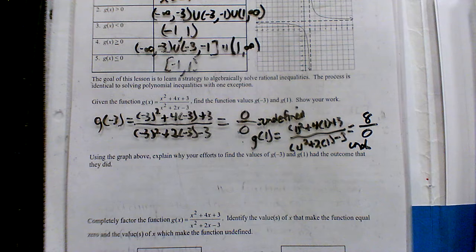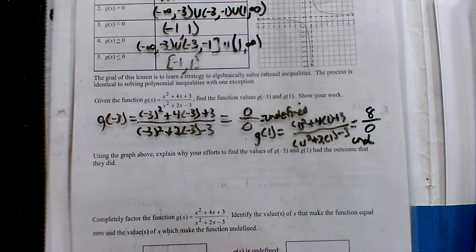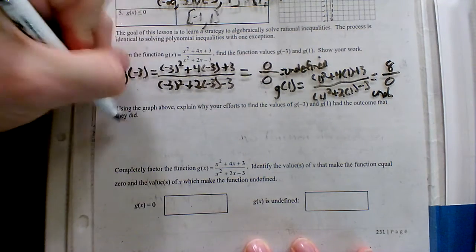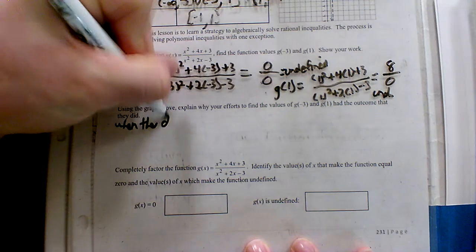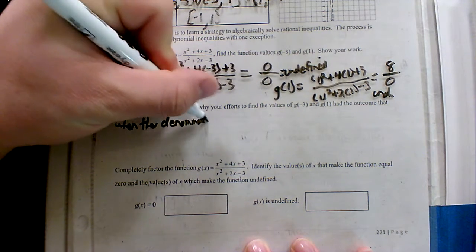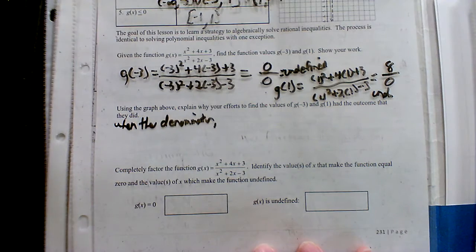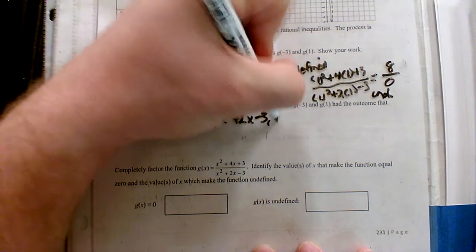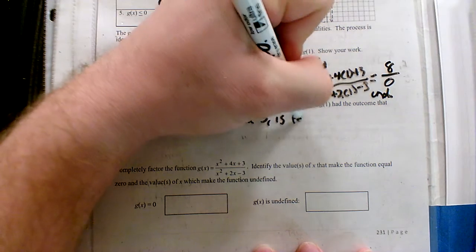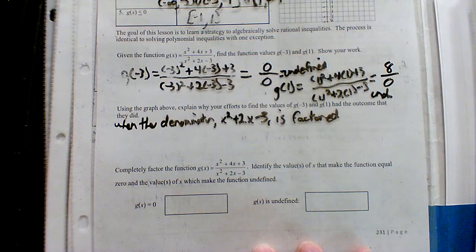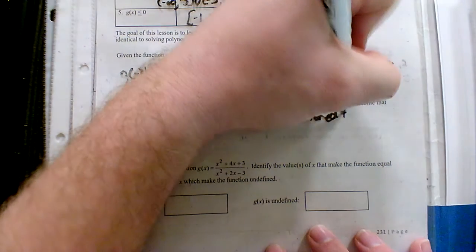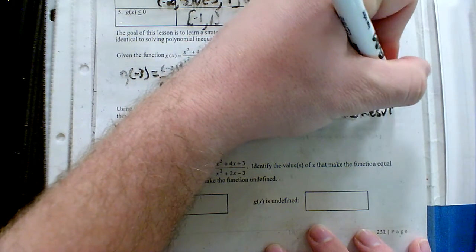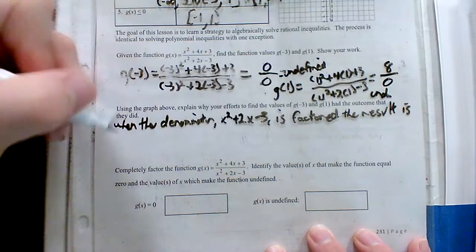Graphically, we can see that, but we need to actually determine now why from the actual rational equation or inequality that it is true. So first we're going to say, when the denominator, and we're going to list out the denominator, that's x squared plus 2x minus 3, is factored, the result is what?